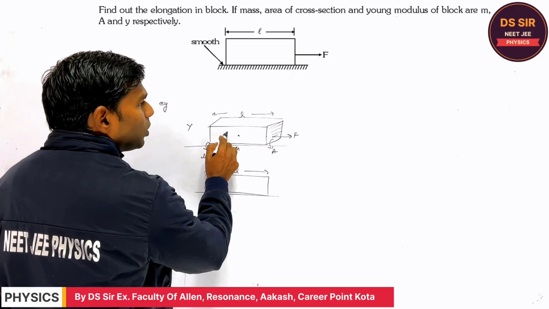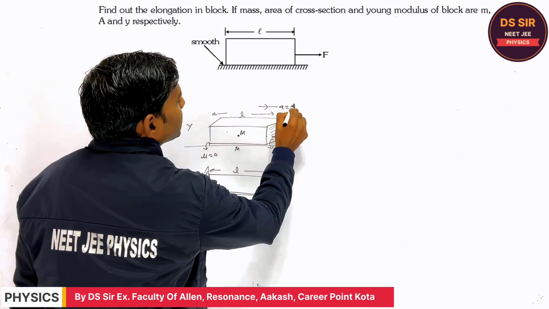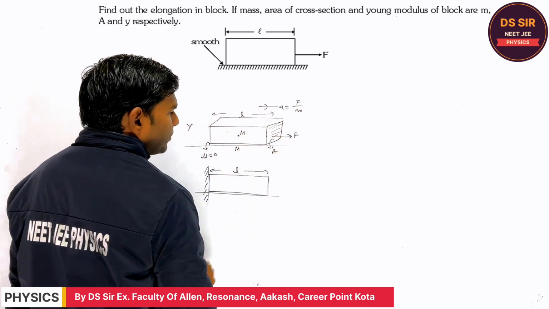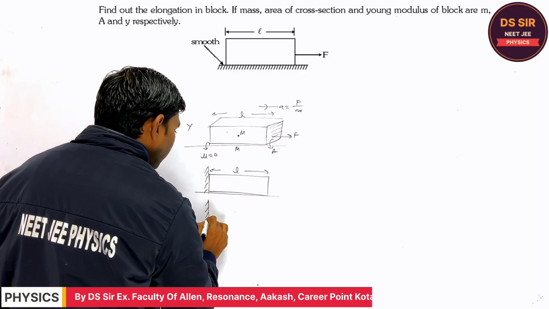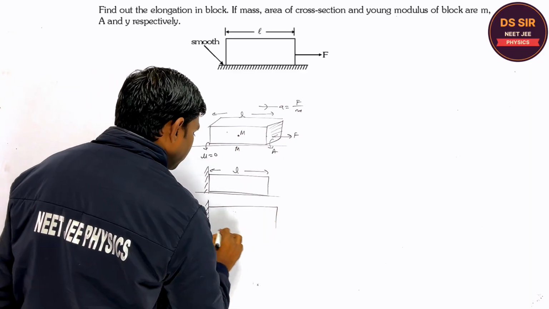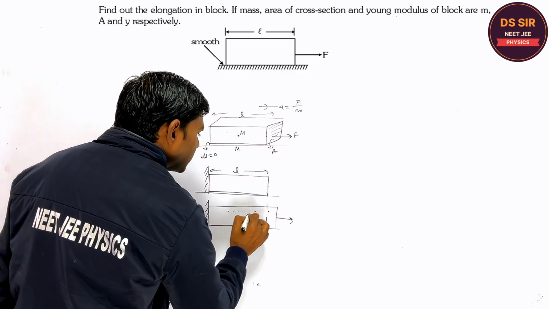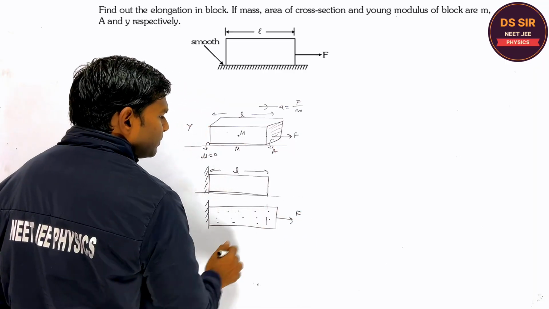Suppose it is not fixed, it is the mass M moving with some acceleration a. And what is the acceleration? F upon M. But it is fixed. If you apply the force F, what will happen? Tell me. So every point of this material comes under the same tension F.